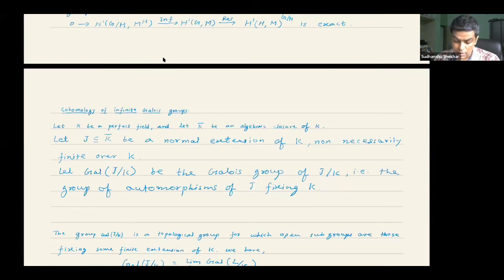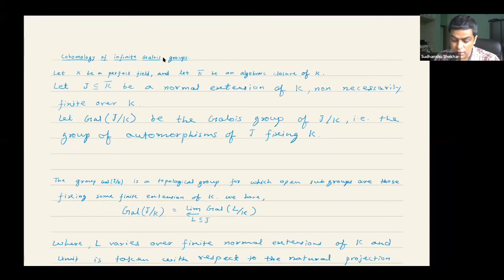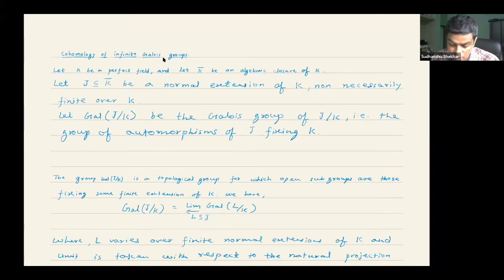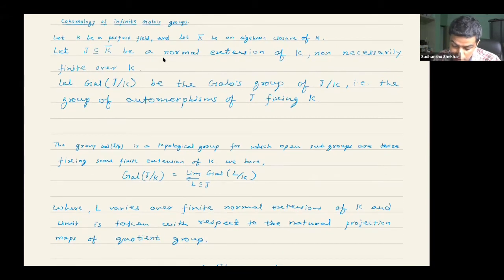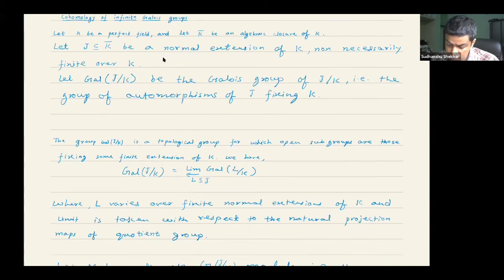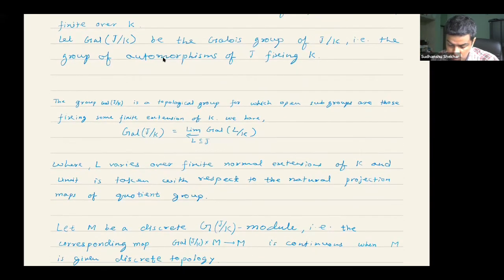Then let us consider Gal(J, K), the Galois group of J over K. This is a profinite group, so actually a compact topological group, and from Galois theory we have that the Galois group of J over K is the inverse limit of Galois groups of finite Galois extensions of K.